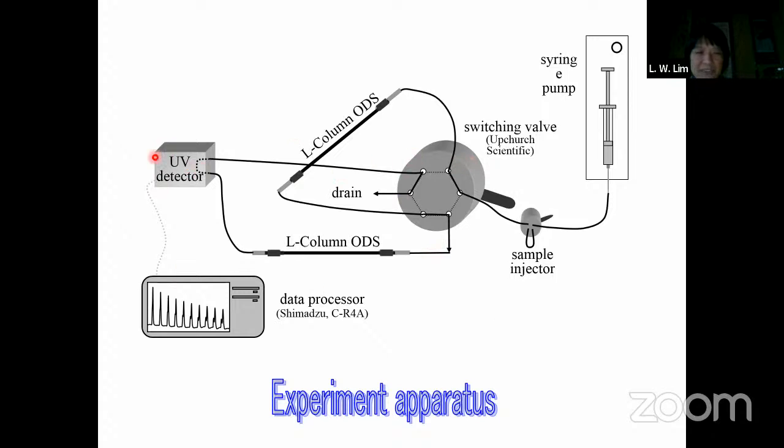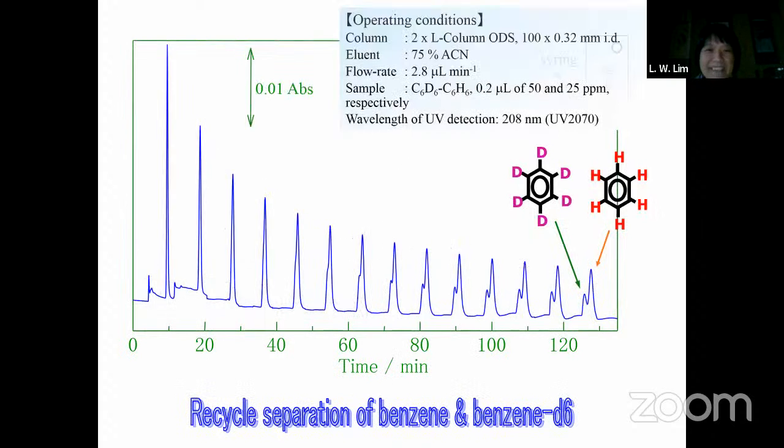We used a UV detector, and a data processor by Shimadzu. We used it to separate benzene and D6 benzene. This is actually a very difficult separation, because the difference between benzene and D6 benzene is only 6 protons. So the number is just 6 different.